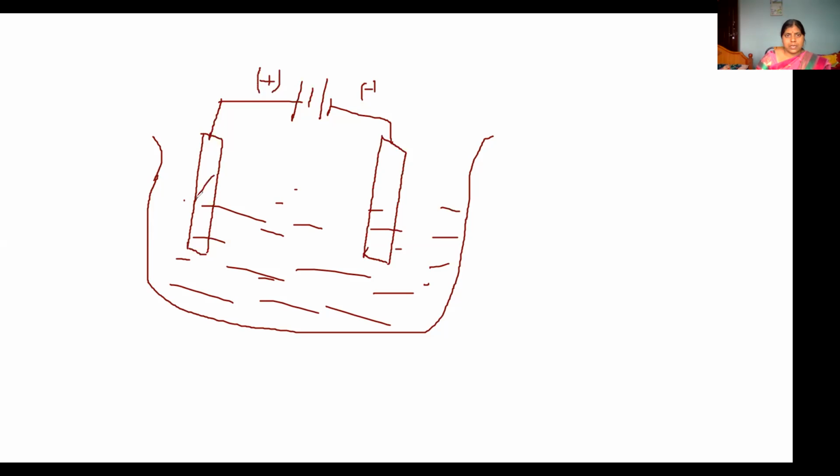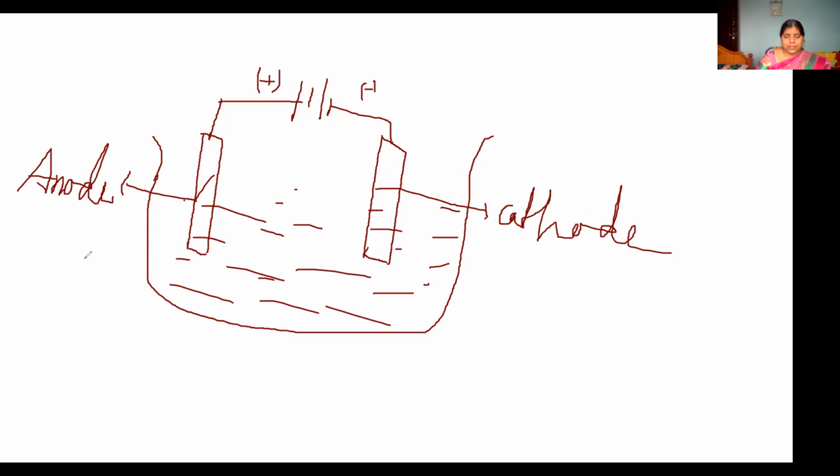So this is the anode here, and this one is the cathode. This is the aqueous NaCl, the electrolyte.